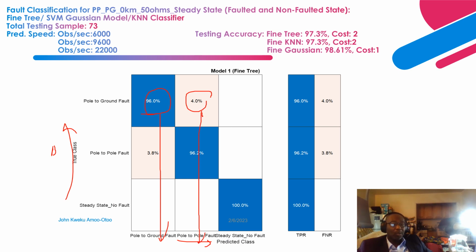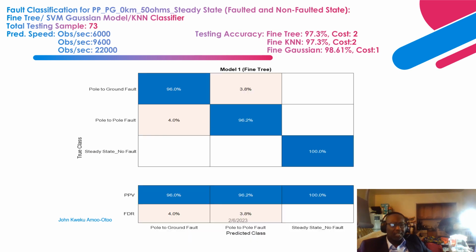Then for the pole to pole fault, 3.8% was misclassified, and 96.2% was correctly classified. There was no misclassification between the pole to pole fault and steady state. And for the steady state, 100% classification. So similar confusion matrix and same percentages just like in the previous two slides.